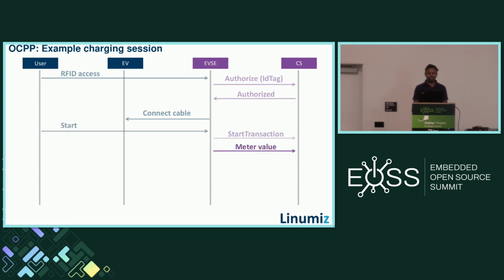After a successful start, the meter values are continuously sent from the EVSE, showing how much the EV is consuming, until the stop transaction or the complete charging cycle ends.